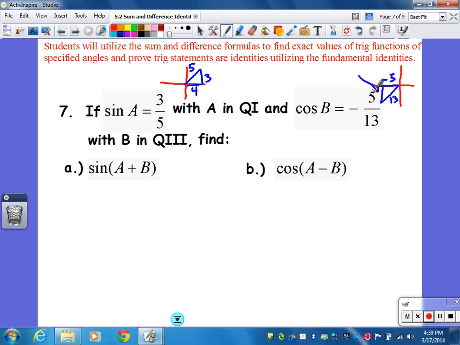If I subtract 25 from 169, we get 144, which the square root of that is 12. It's going to be positive 12 because we're in quadrant 2. Okay, so now we know what sine of B is, which is equal to 12/13.